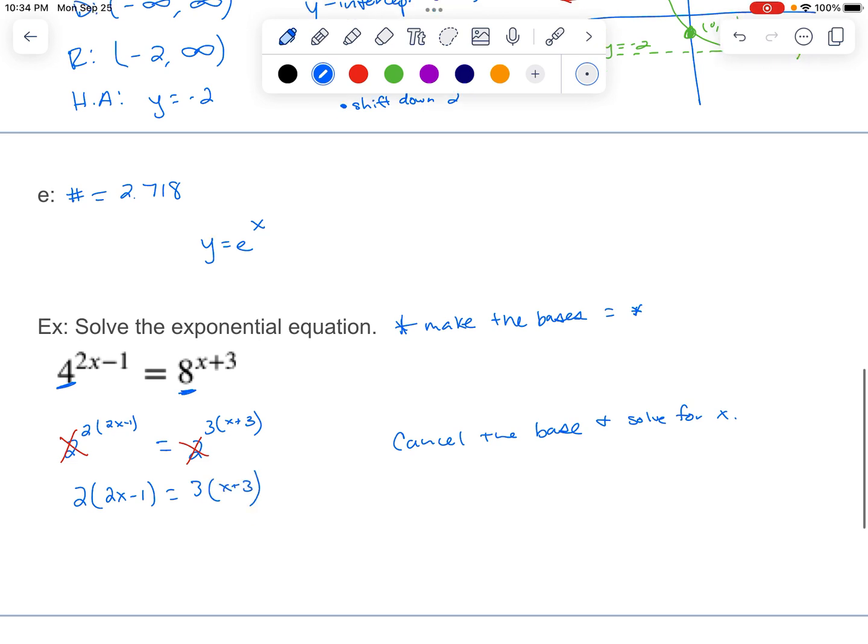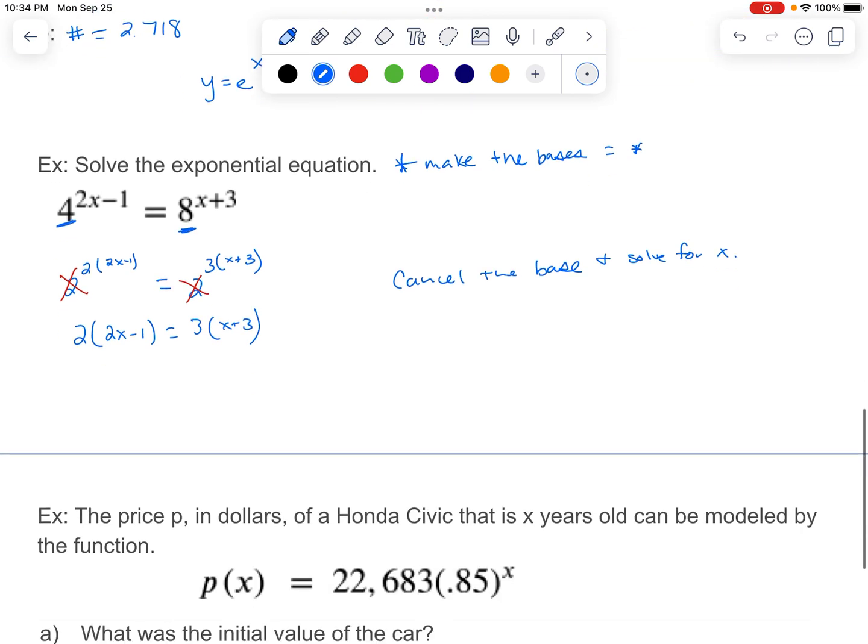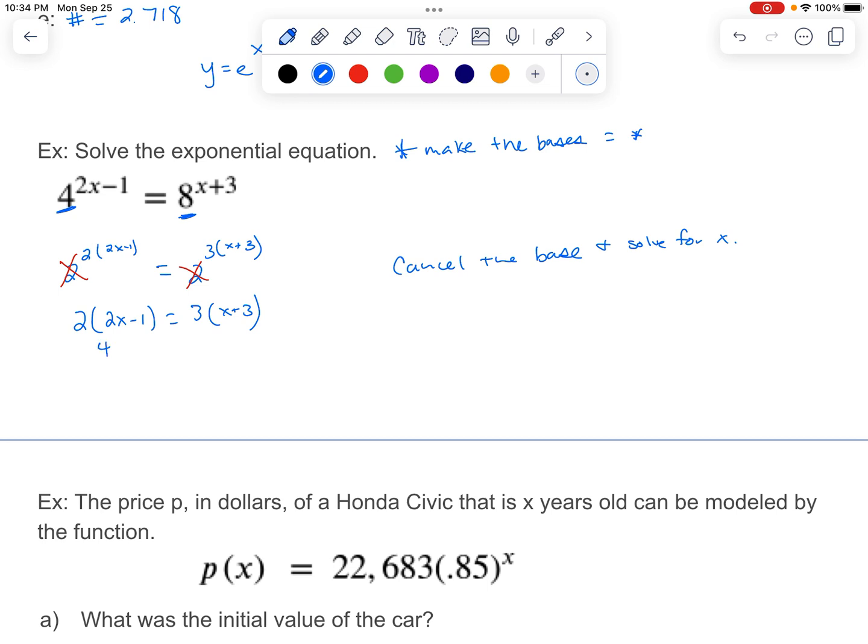And I'm just solving for x. And I get x equals 11. You can always sub it back in and do a check, but just something to note on that.